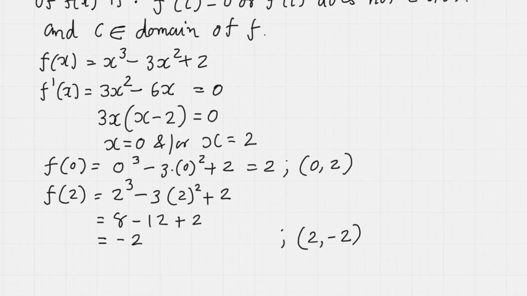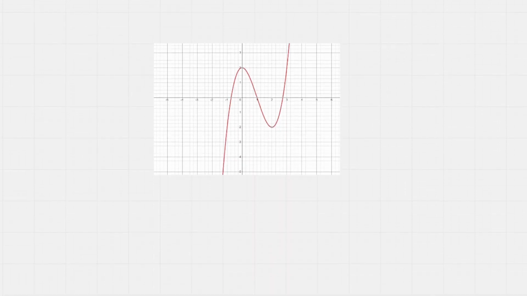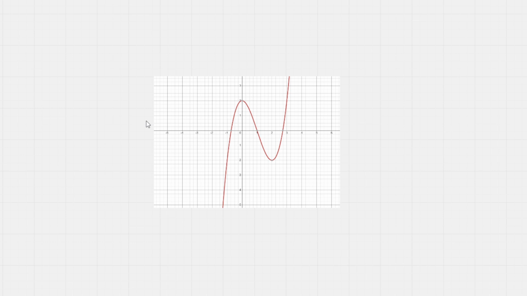Now let us understand it by a graph. So this is the graph of our function x cube minus 3x square plus 2. Here you can see that at x is equal to 0, the y value is 2.